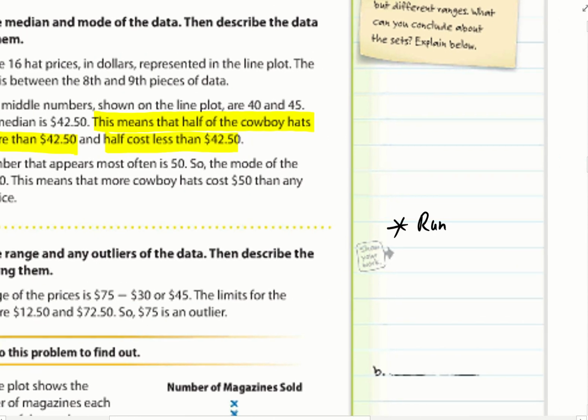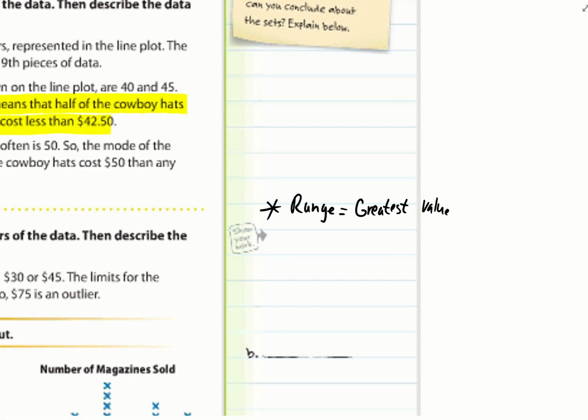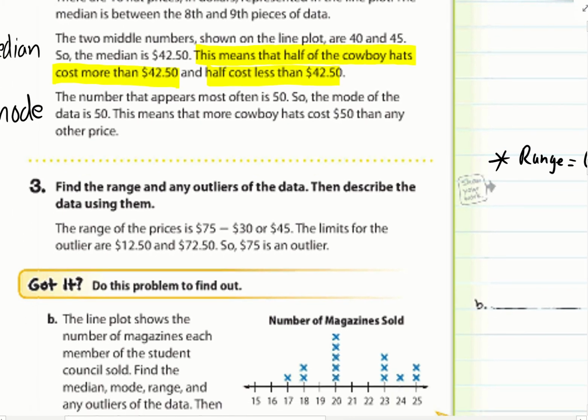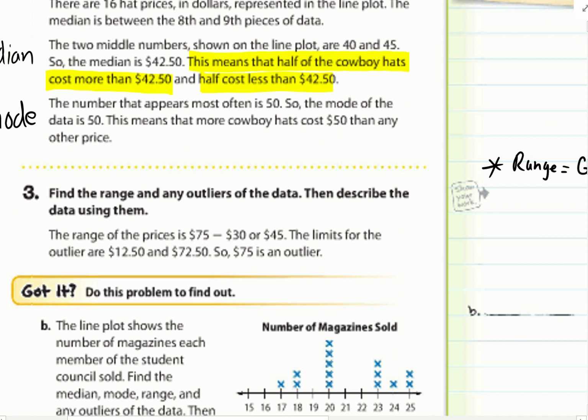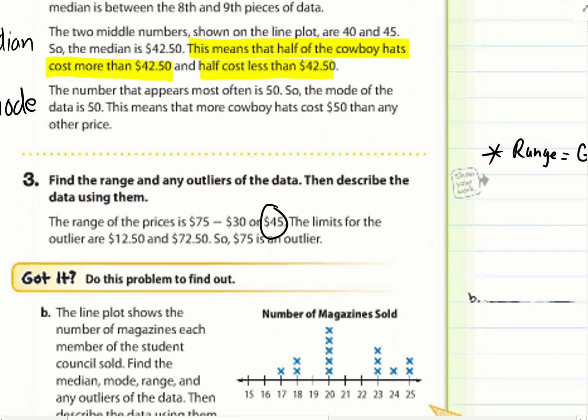Range equals greatest value subtract the least value. So they have 75 is the greatest and 30 is the least. So we have 75 minus 30. So that means the range is $45.